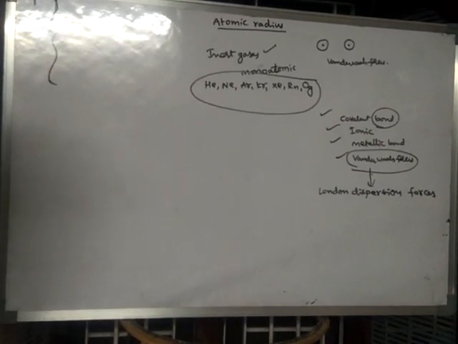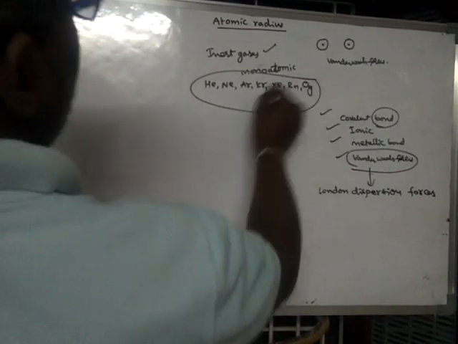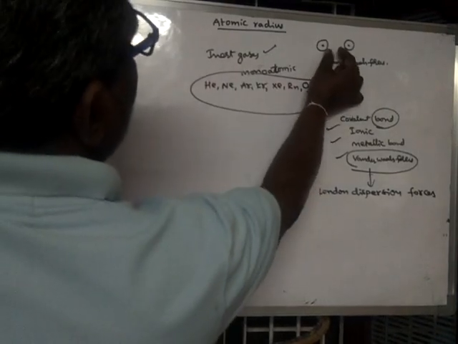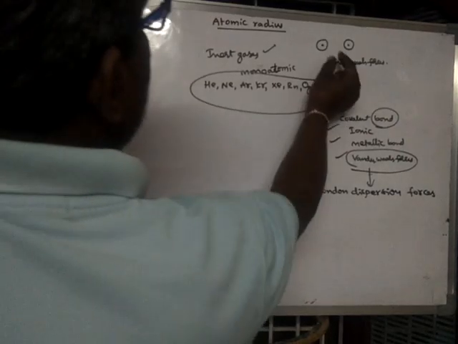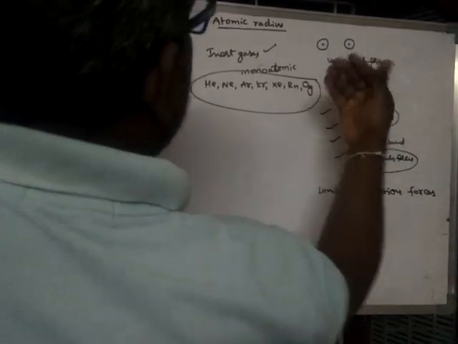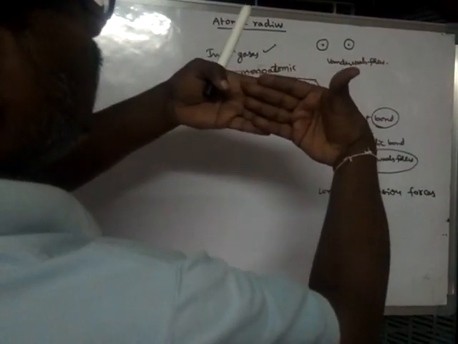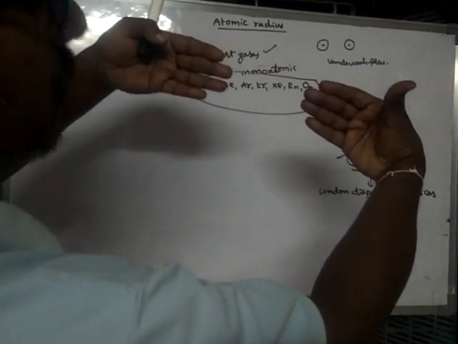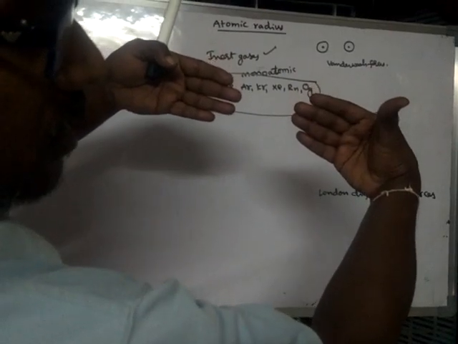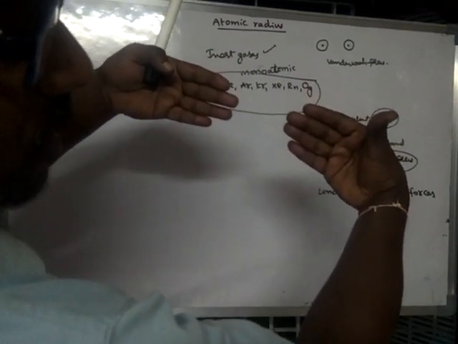Now, between the inert gases you will find the van der Waals forces, because there is no connection between the atoms. They are not merged, or else simply the atoms won't touch. The atoms remain apart from each other by a certain distance.